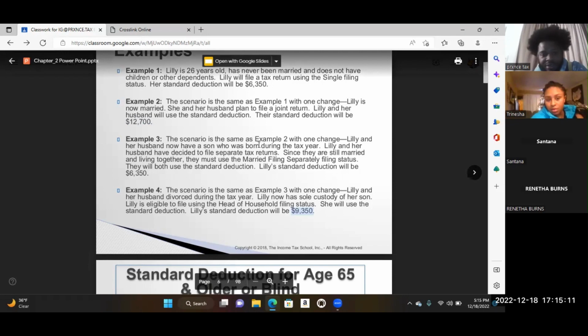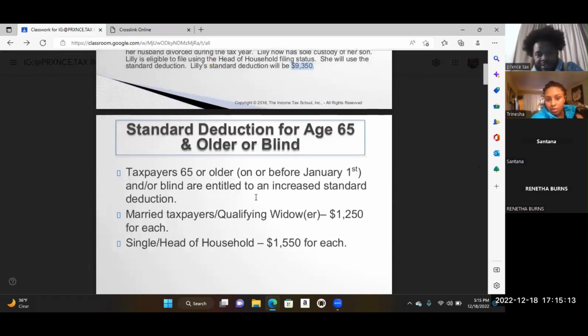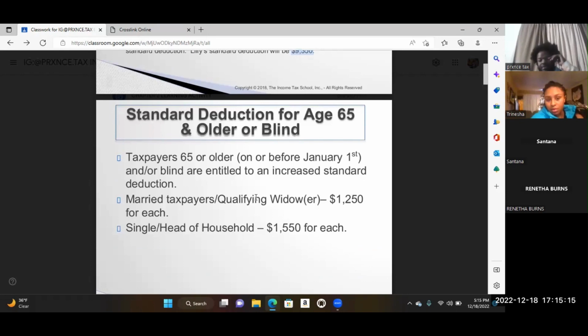All right. And we have the standard deduction for age 65 and older or blind. And I did mention this last time when I went over the pay stub estimation, that individuals 65 and older receive a higher standard deduction than individuals who are single or head of household and younger than the age of 65.